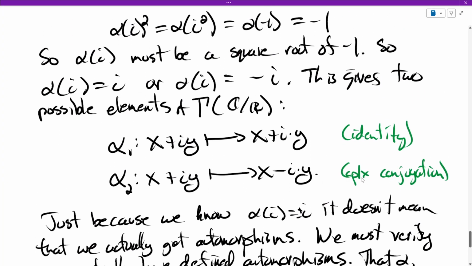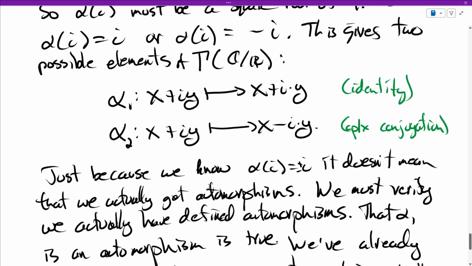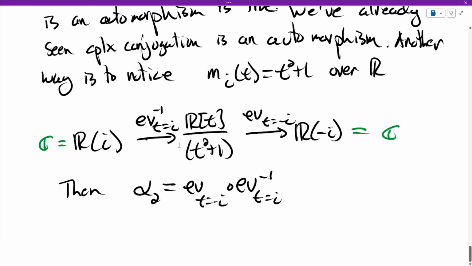So again, to prove that complex conjugation is an automorphism is fairly simple. We did it in chapter 1. But we can apply a slightly more highbrow technique that will generalize to other examples. And it's this composite picture that we've drawn a couple of times.